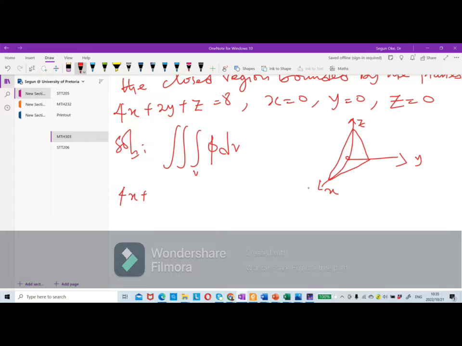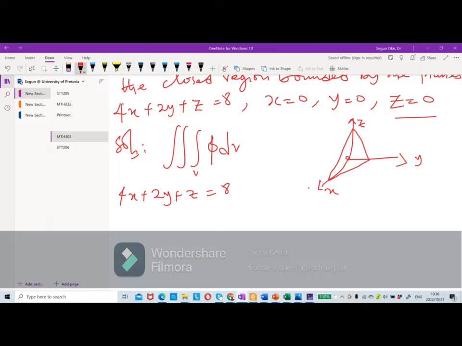So first thing is we have 4x plus 2y plus z equals 8. Keeping x and y constant, you integrate from 0. We have z to be 0, right? z is 0. That is the lower limit. So what is going to happen to the upper limit? What you do is make z the subject of the formula.